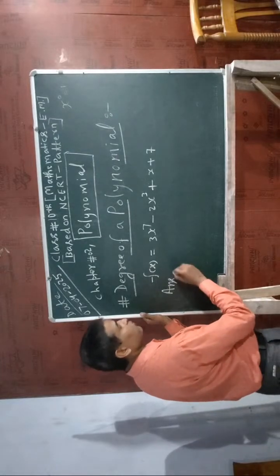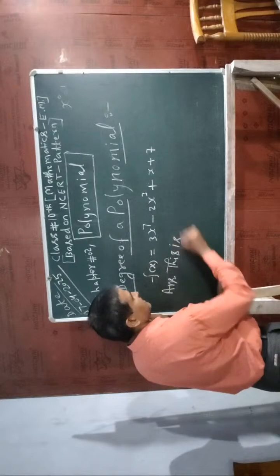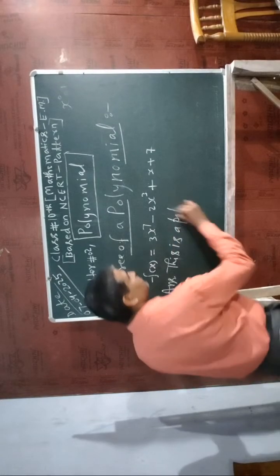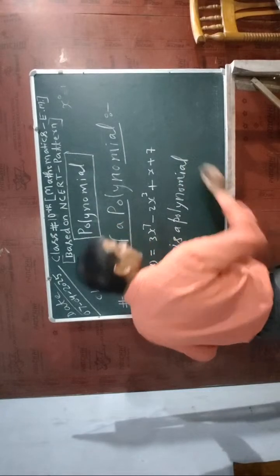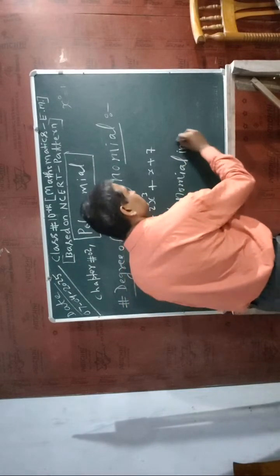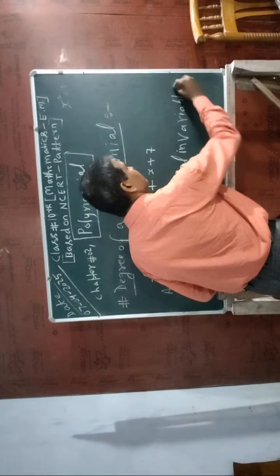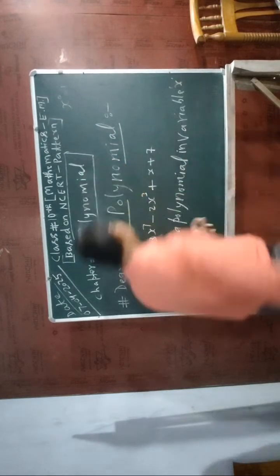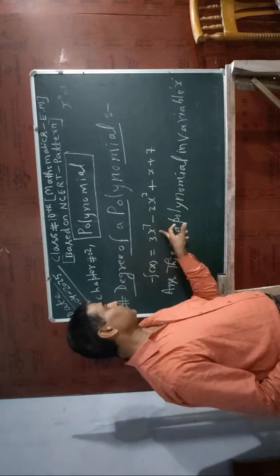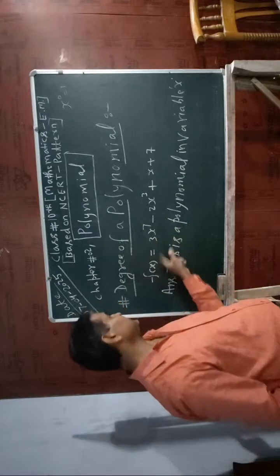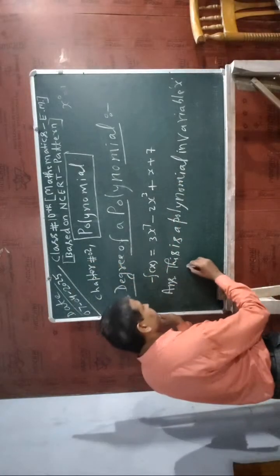This is a polynomial in variable x. See, this is a polynomial, but the variable here is x.